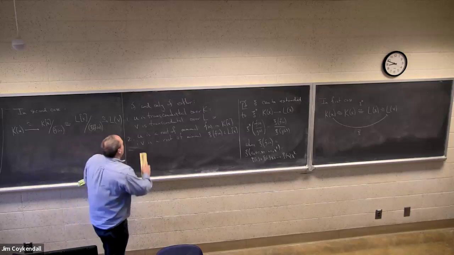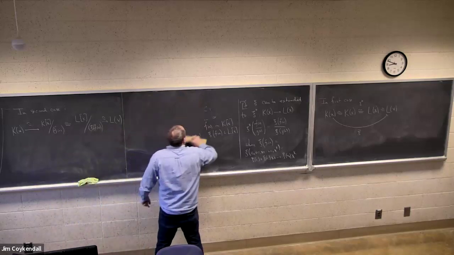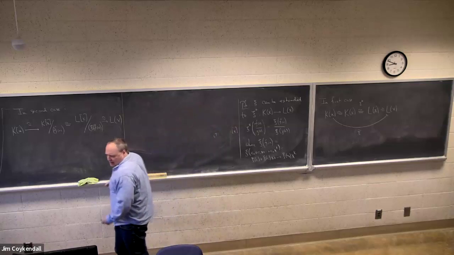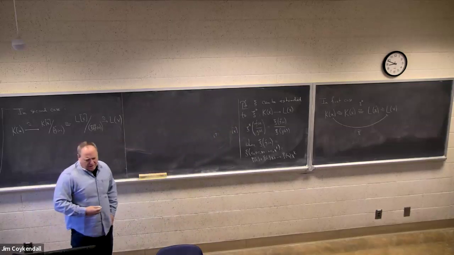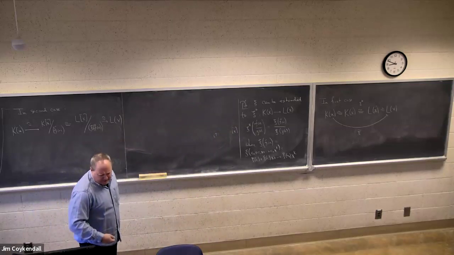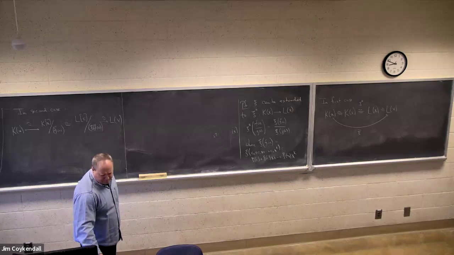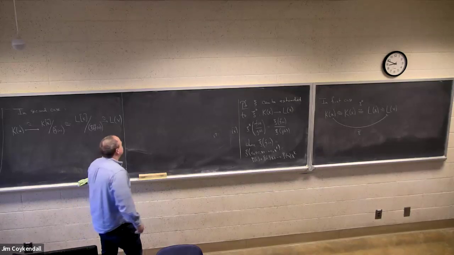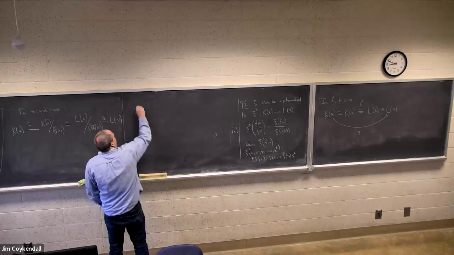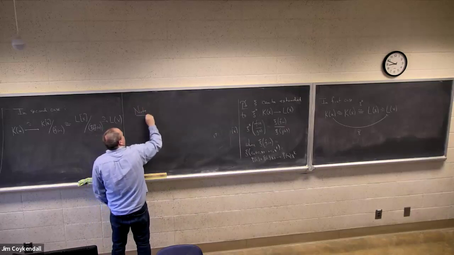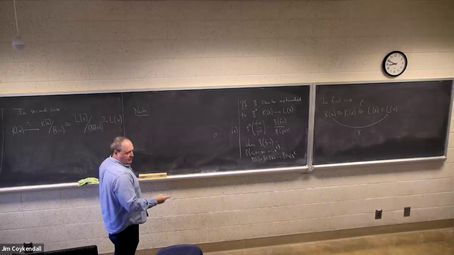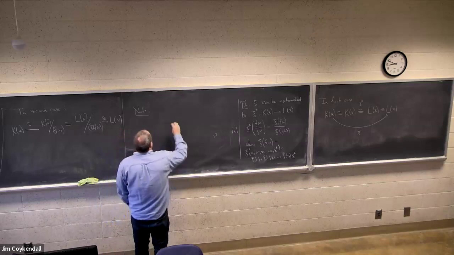So let me point out, I think this is kind of a good point to make here, before we call it a day. Note: this is an explicit statement of what we did in this example before.